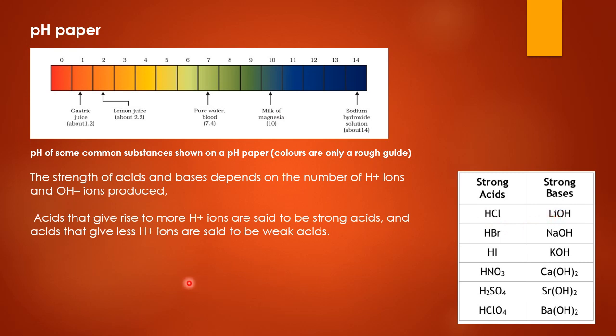So what decides whether the solution is strong or not? The presence of H plus ions and OH minus ions decides the strength of the solution. More H plus ions, the solution is strongly acidic. More OH minus ions, the solution is a strong base.